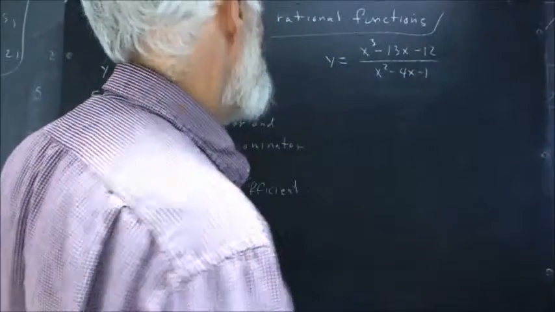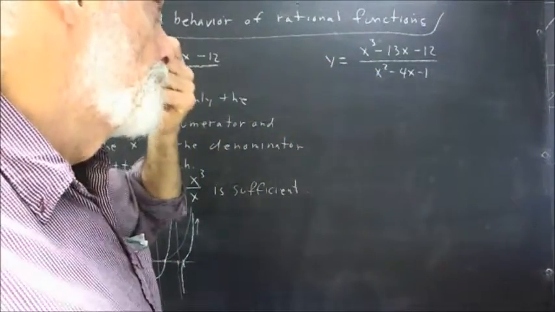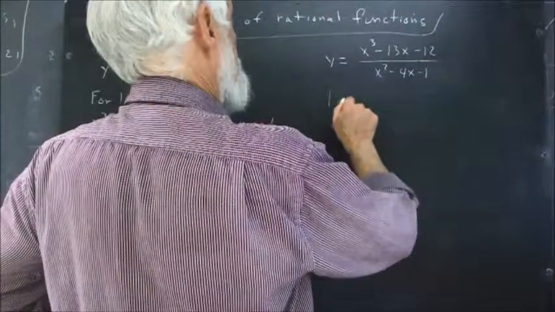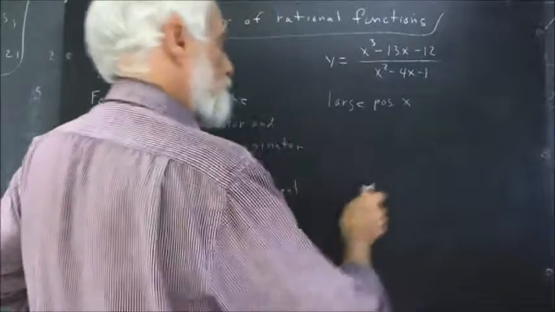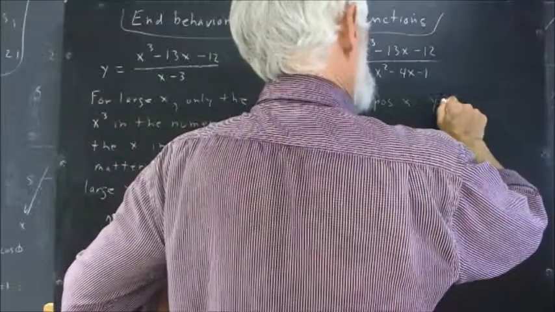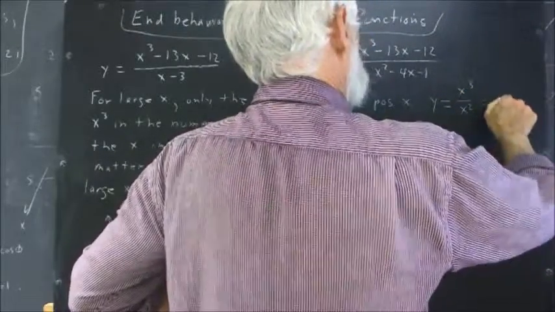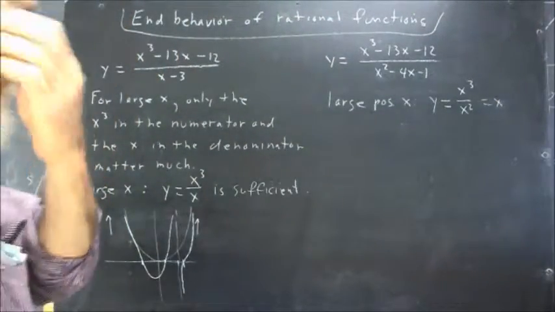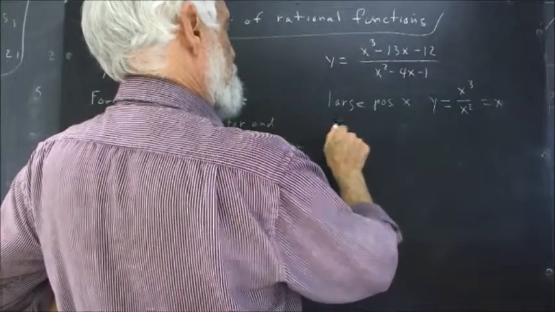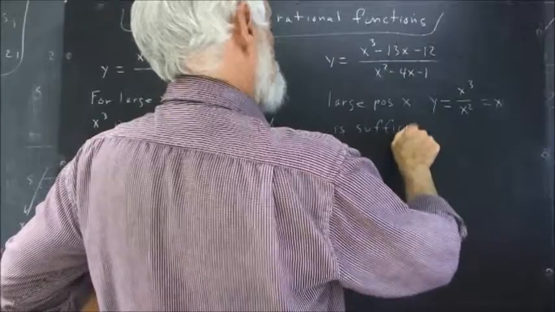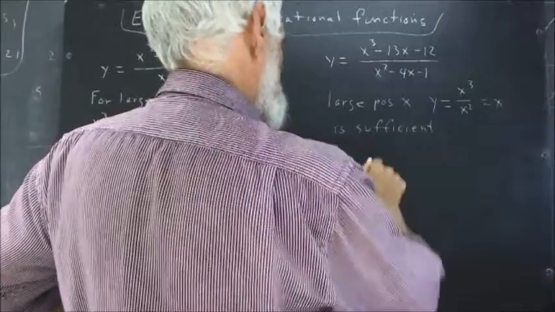If x is a very large positive number, again, only the x cubed and the x squared matter, and of course, that's just x. That's sufficient, the same way it was previously.